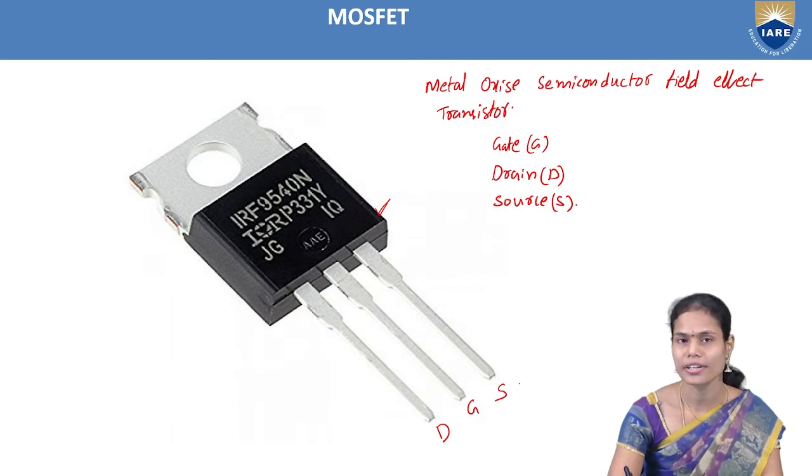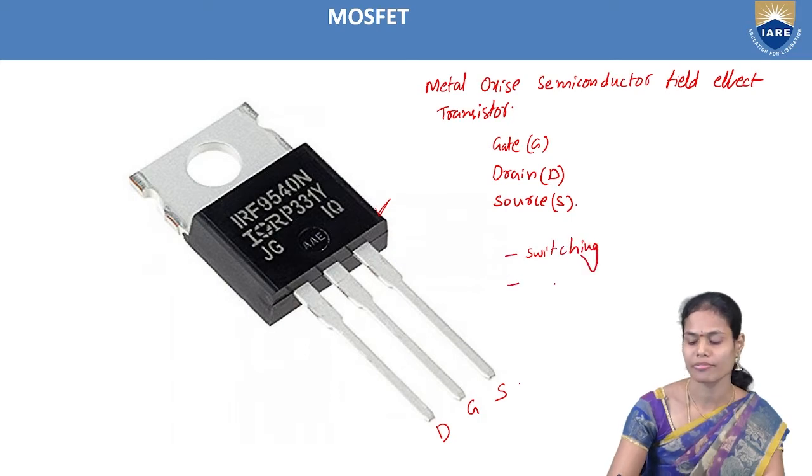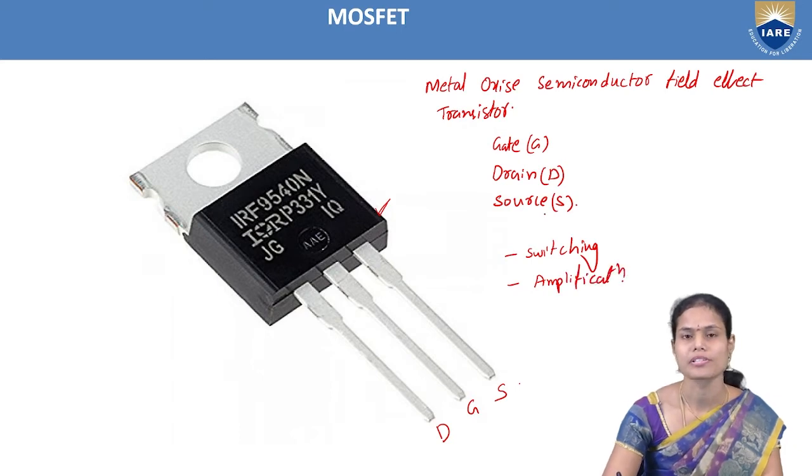Because the current conduction in the case of MOSFET is due to the applied voltages, not due to the input currents in the device. That's why it is called a voltage control device. This MOSFET we can use for switching applications as well as amplification applications.